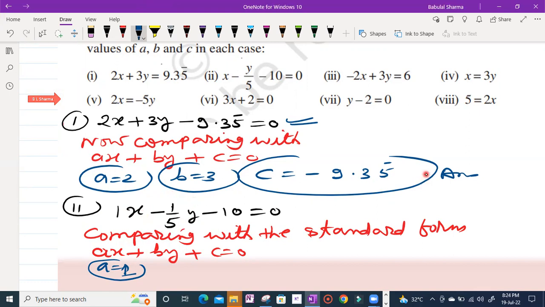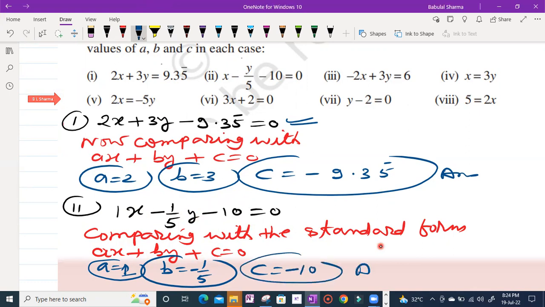So in place of b, we write -1/5. एंड फॉर द कांस्टेंट टर्म c, यहाँ पे देखिए कांस्टेंट टर्म c है और ये कांस्टेंट टर्म है -10. So in place of c, we can write -10. This is the answer. This is our standard form, and this is the value of a, b, and c.